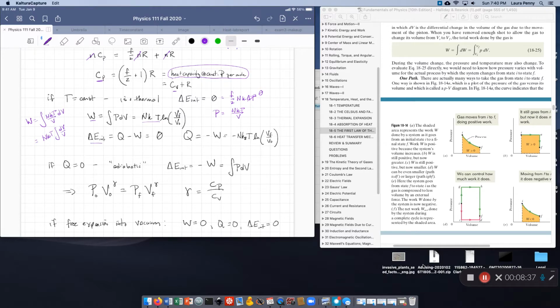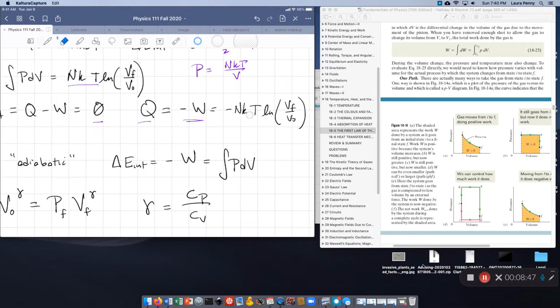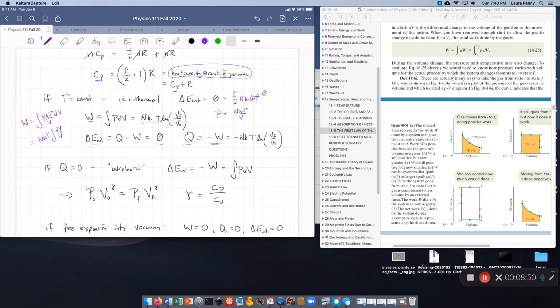Since the internal energy change is 0, that means that Q is just equal to negative that work, or negative NKT, natural log of V final over V naught. I just have KB written down everywhere here. We're going to use that in just a minute.